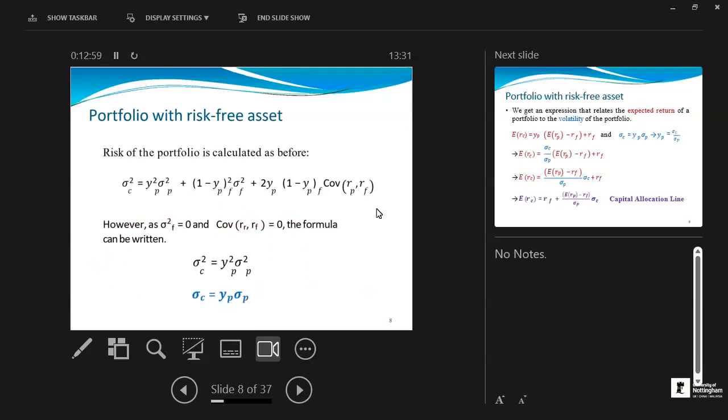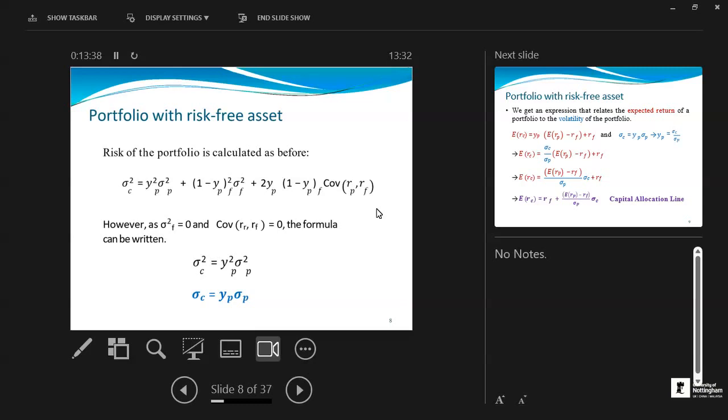So using the same formulas that we've learned, we can calculate the risk of this complete portfolio. Again, a very similar formula, just like stock D and E. Factors that you need to take into account: weight in the two stocks, the variances of the two stocks, and the third important factor when we calculate the risk is the covariance.